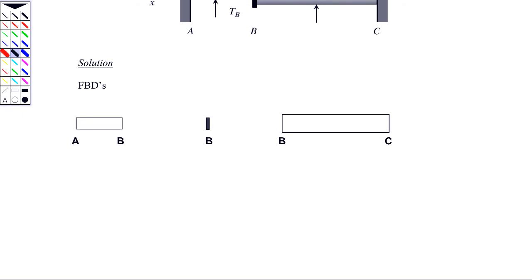As always, I'm going to start out with drawing the free body diagrams of the components, in this case the shafts 1 and 2. So I'm going to show the torques on 1 and 2 as acting outward like that. So that's really a sign convention.